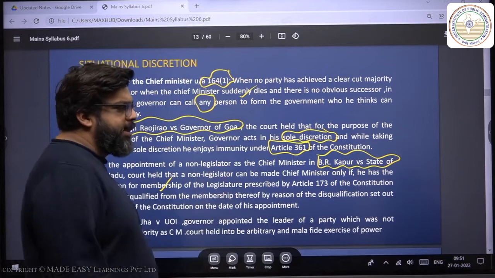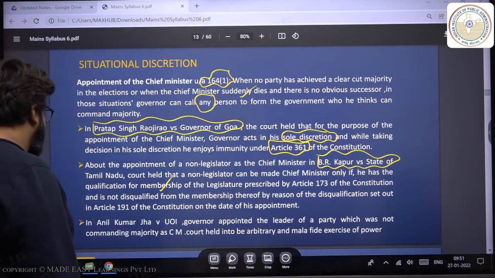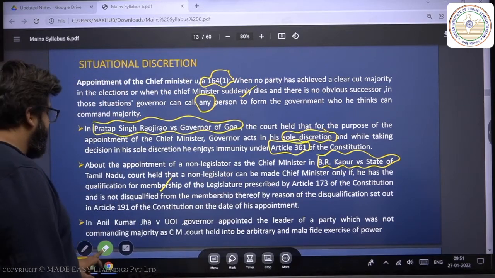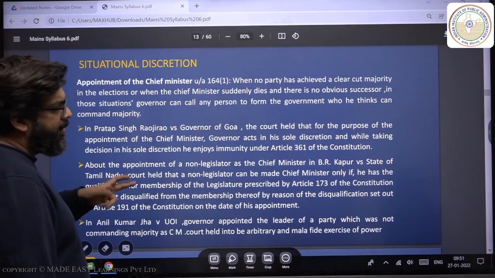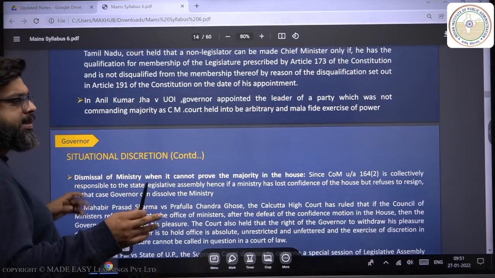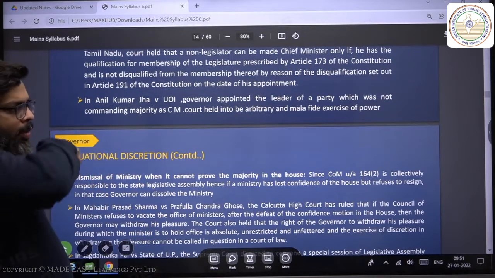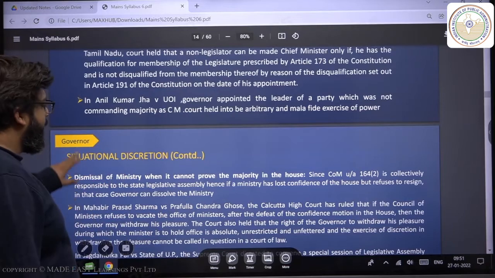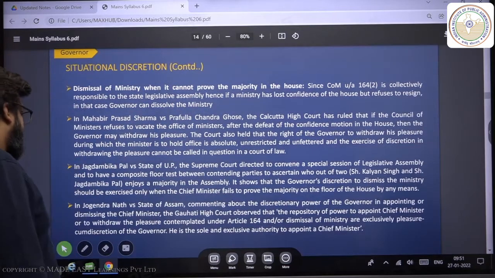So play your cards right. Just because you have a discretion doesn't mean that you use your discretion blindly. That's actually what happened with Kerala also. Anyways, the Congress had more number of seats, but the governor at that time invited the BJP to form government and all of those things.